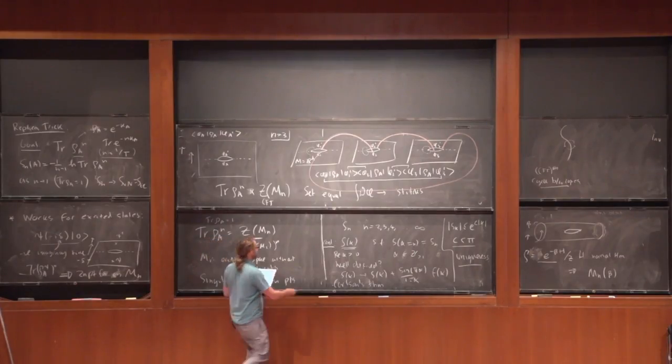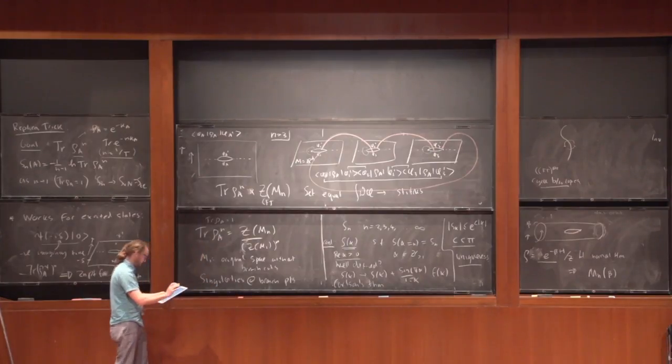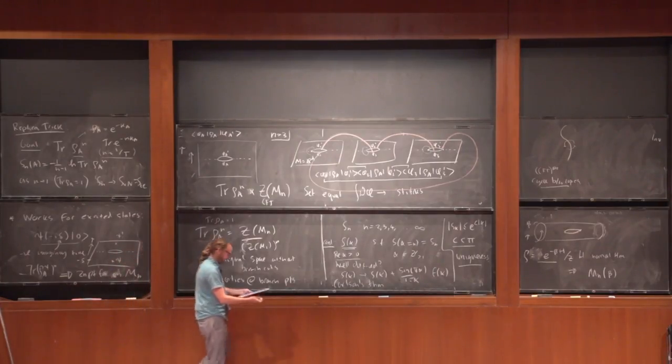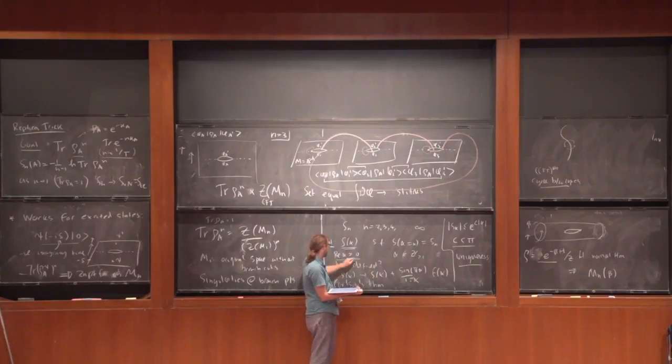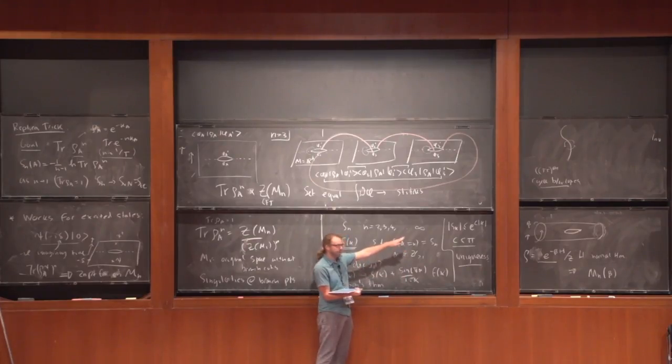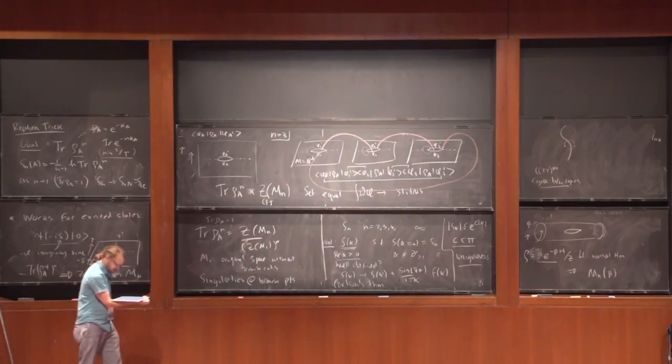So in particular, that kills this case because, in some imaginary direction, still in this region, a sine blows up exponentially, like e to the pi alpha. So that kills this possibility.